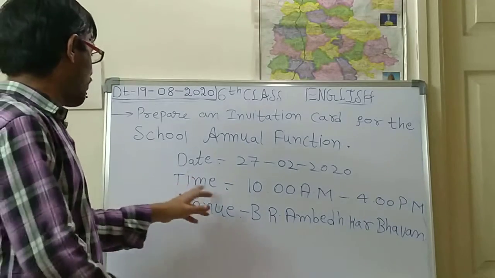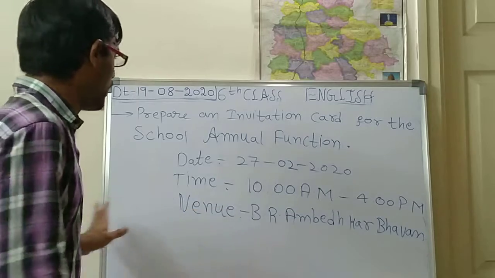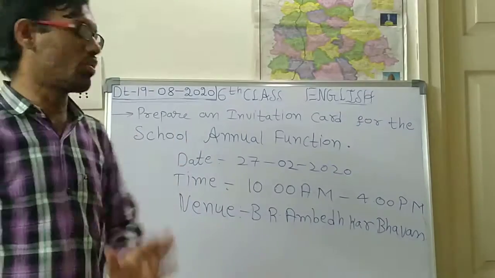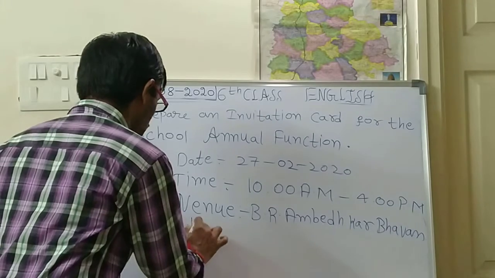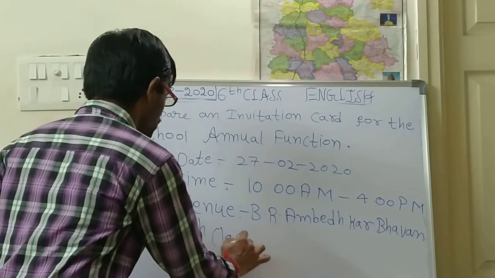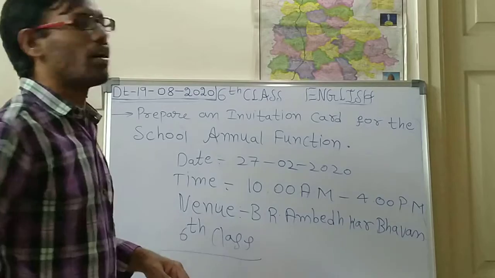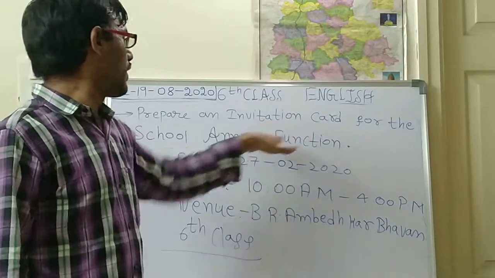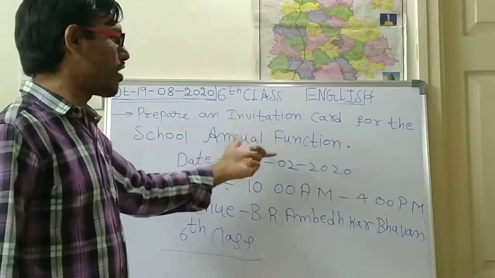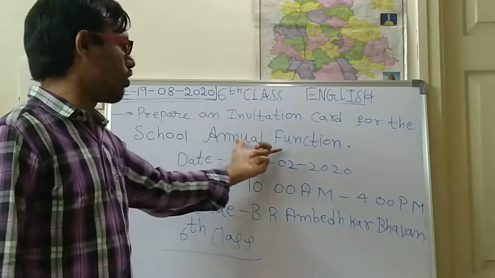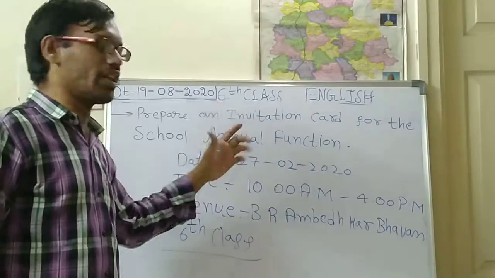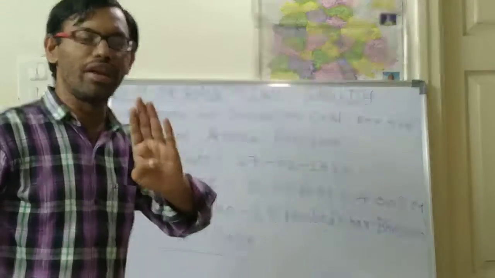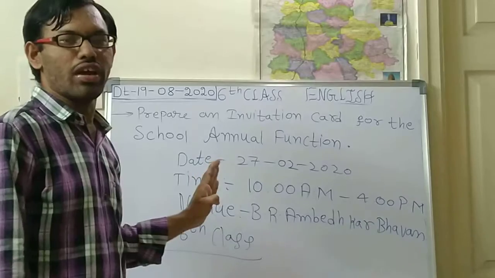Regarding date, time and venue, who is going to organize? Your class only, your 6th class students are organizing this program. And the type of program is the school annual function. For types of events, what events will be conducted in the school annual function, write at least 3 or 4 main points.